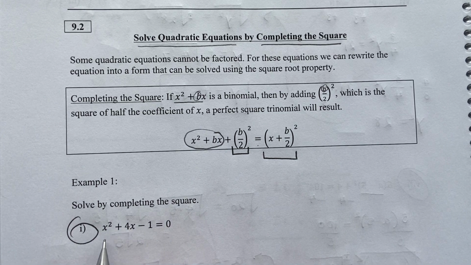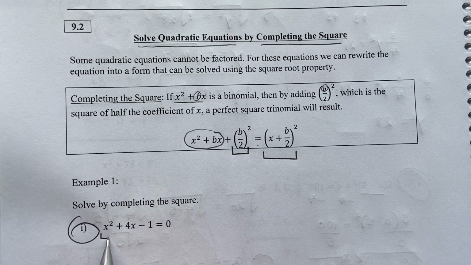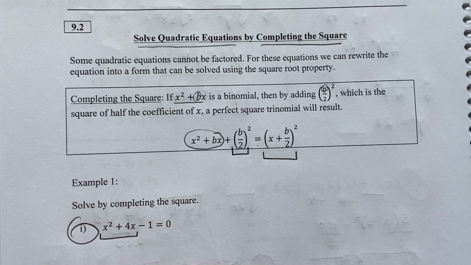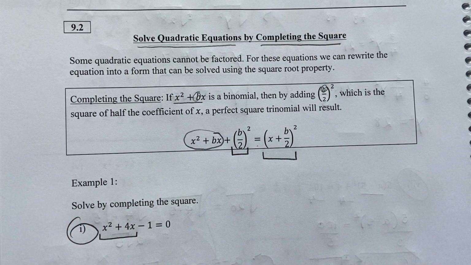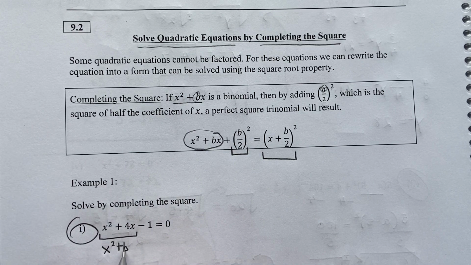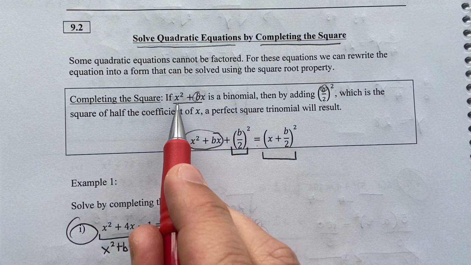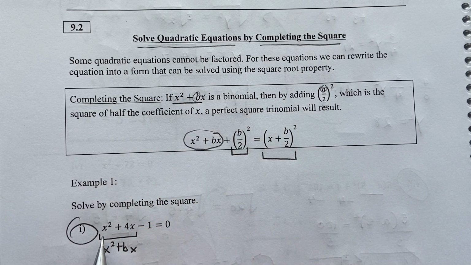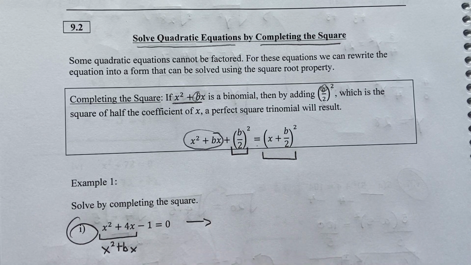So in our problem, this example 1, part 1, this right here is x squared plus bx. That's what is mentioned here. So in other words, our b is this number 4. So what I'm going to do is find half of b squared.